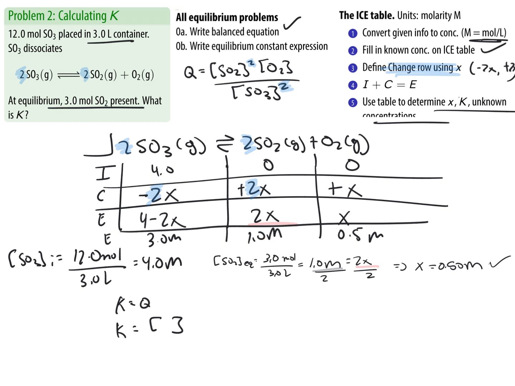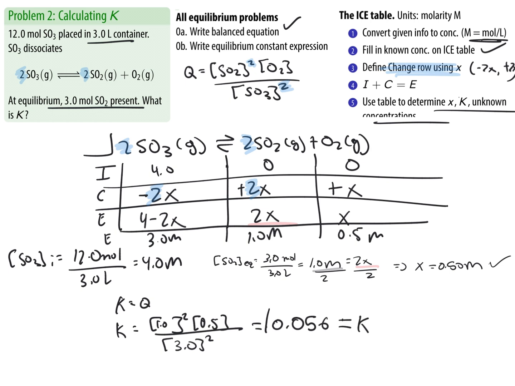SO2 was 1.0, so 1.0 squared, times, if I look at the rest of my numerator, O2 to the first power, so 0.5, divided by, in the denominator, I have 3.0 squared. So that's my overall expression for K. Plug in and solve. And when I do that, I get 0.055. If I round to 2 sig figs, 0.056 is equal to K.